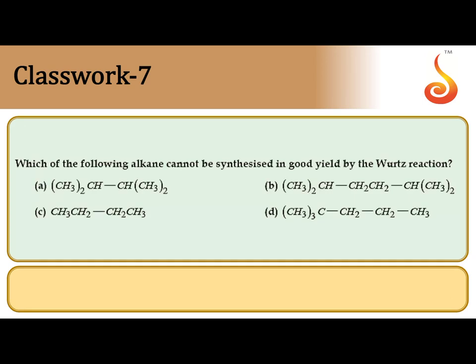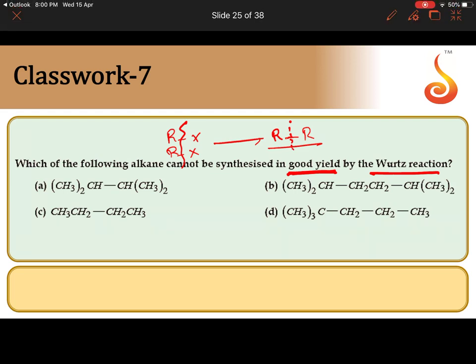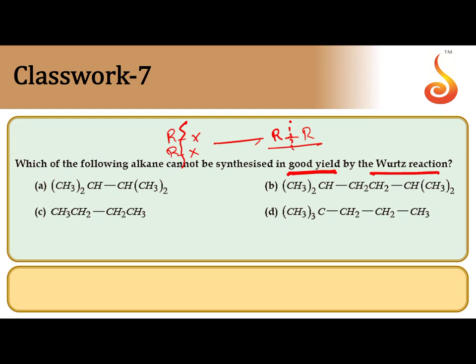Which of the following alkanes cannot be synthesized in good yield? That is important. What is the reaction when alkyl halide is treated with sodium metal in dry ether? We can get alkane with double the number of carbons. So symmetry is there. Generally Wurtz reaction is preferred to prepare alkane with an even number of carbons, that is, alkane with symmetry.